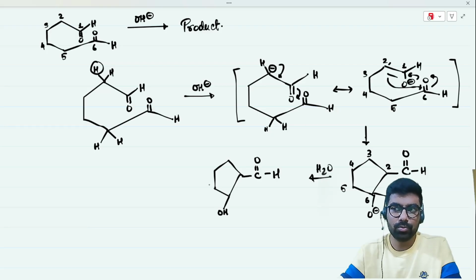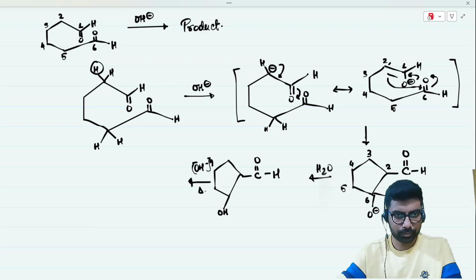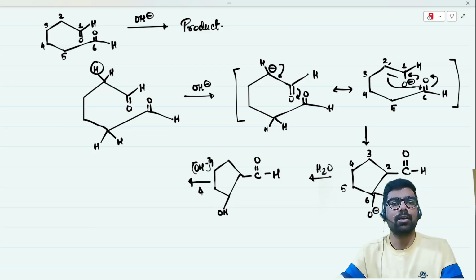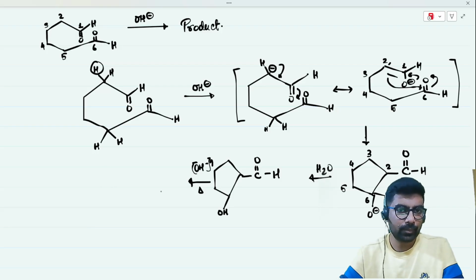The thing that you can do is, if in the last step the OH concentration is more, or if there is heat, then there is a possibility of a double bond being formed.